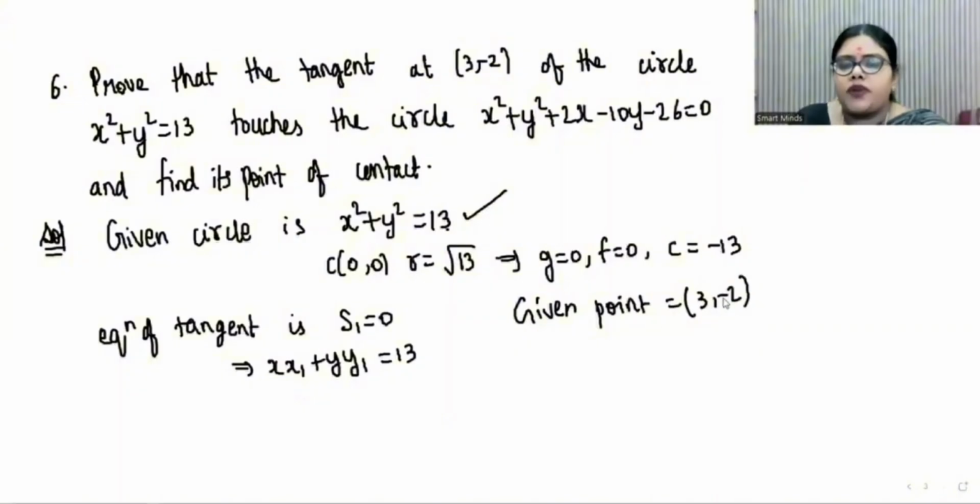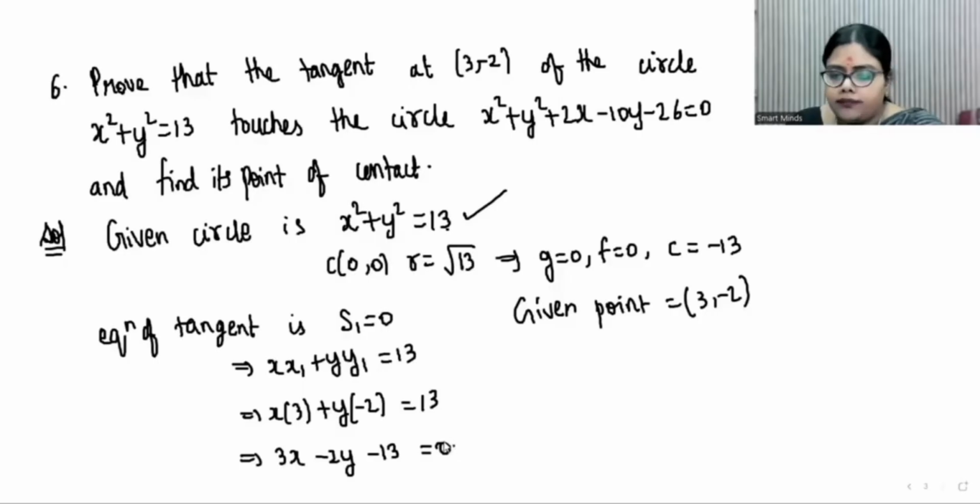In the place of x1, y1, we will substitute this. So x into 3 plus y into minus 2 is equal to 13. So you get 3x minus 2y minus 13 is equal to 0.